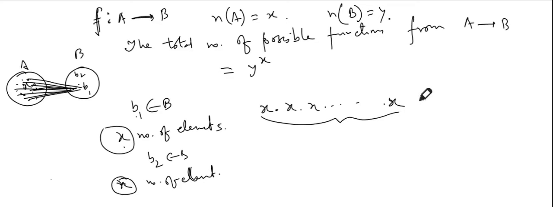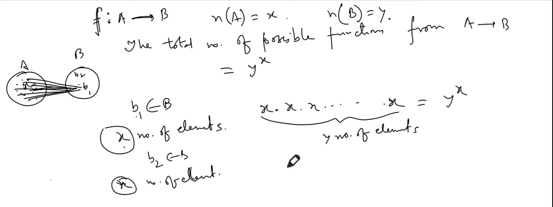So this would become x into x into x, and how many x's are there? Y number of x's, so y to the power x. So for this reason, the total number of functions from A to B is y to the power x.